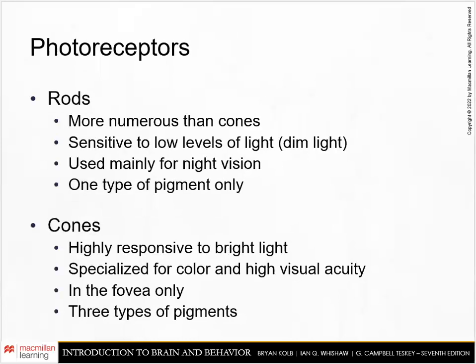Now let's get into photoreceptors. With the photoreceptors, we have rods and cones, essentially. Rods are sensitive to low levels of light or dim light. So we're mostly using them for night vision, or when there's not much light available for us to use. Because of that, there's only one type of pigment that exists.